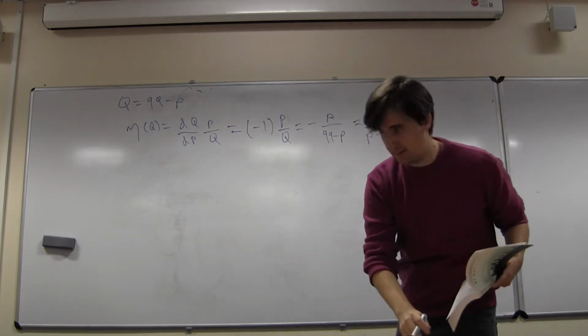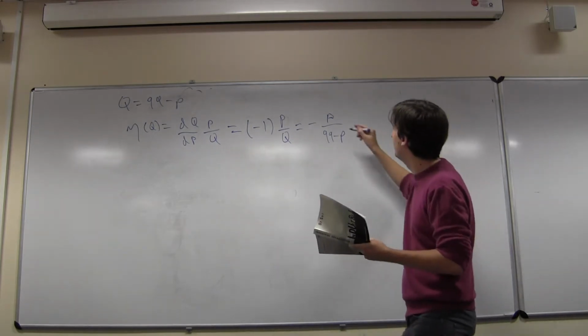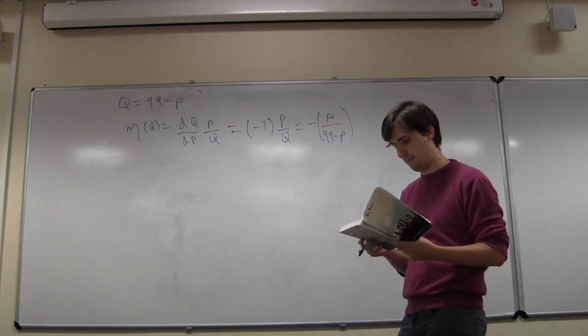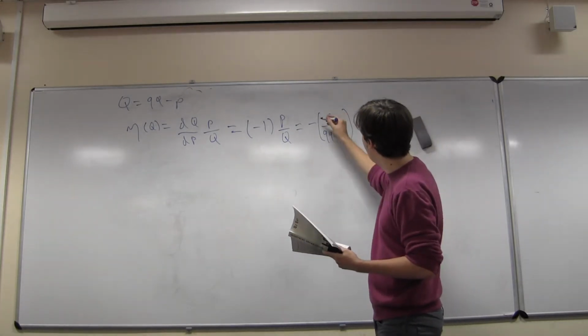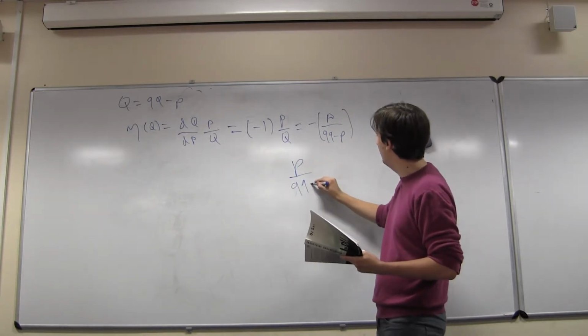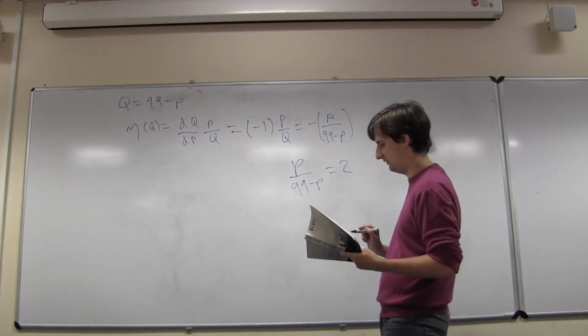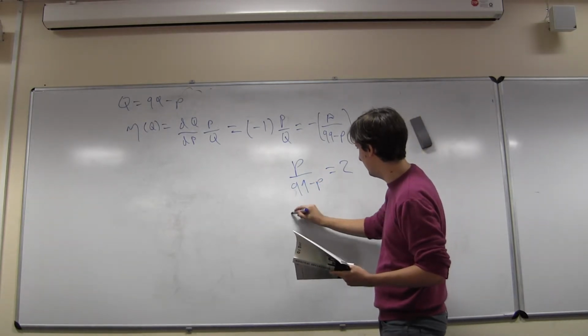So minus P over 99 minus P. So what output level does the elasticity equal minus 2? For this thing to be equal to minus 2, we must have P over 99 minus P equal to 2. So this is just a linear equation, isn't it?